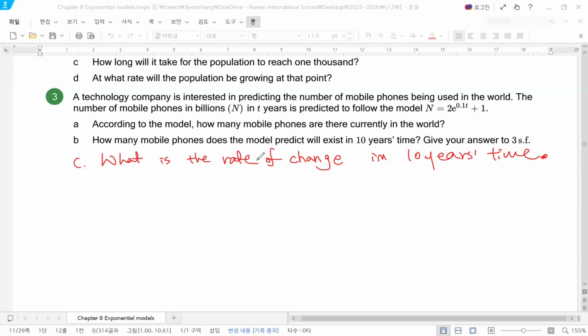Please write down this question, guys. You know the purpose of this question, right? I want you to try to solve the gradient of this model. Yeah, rate of change, so gradient, when t equals 10, okay?